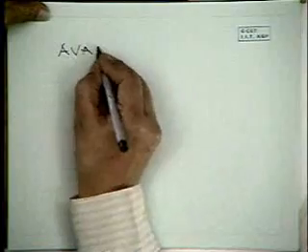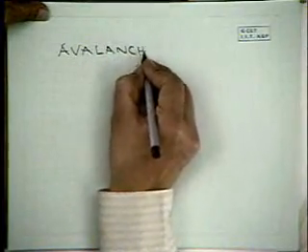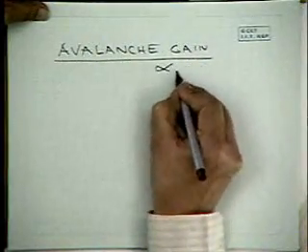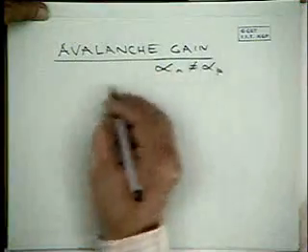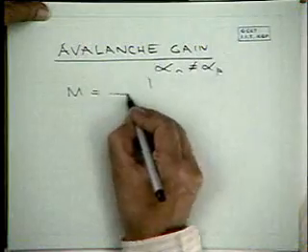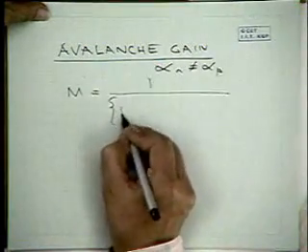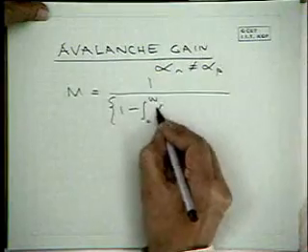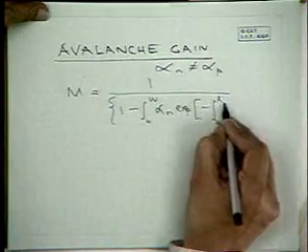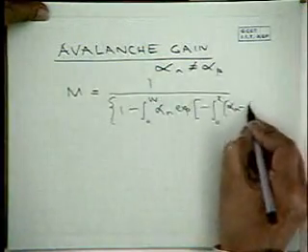Now, if we carry on where I left off last time, the avalanche gain in general, where alpha n is not equal to alpha p, is M equal to one minus the integral from 0 to W of alpha n times the exponential of minus the integral from 0 to x. This is what I derived last time.